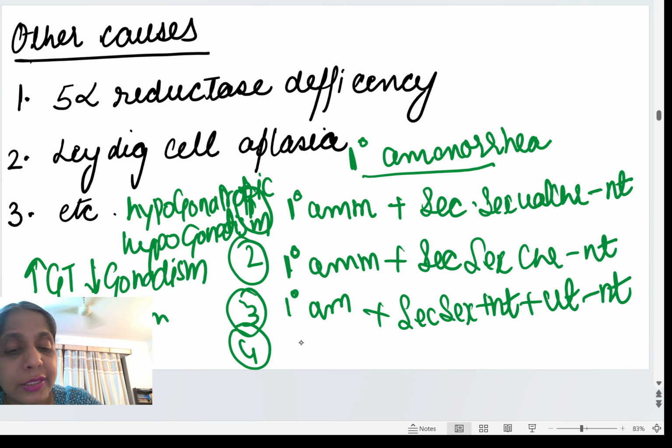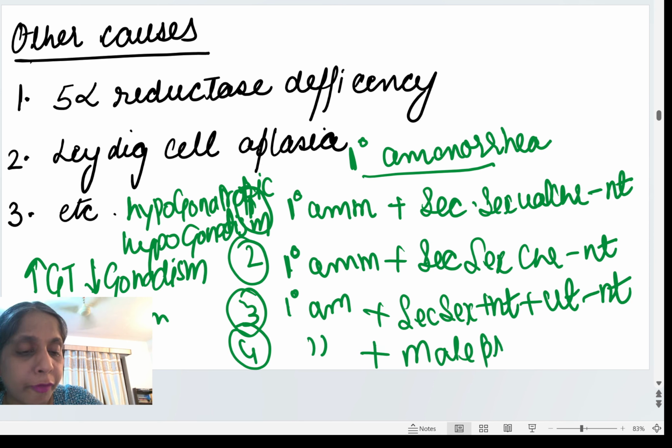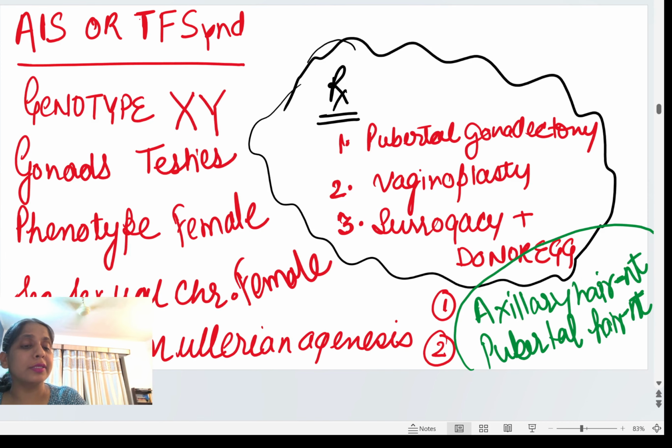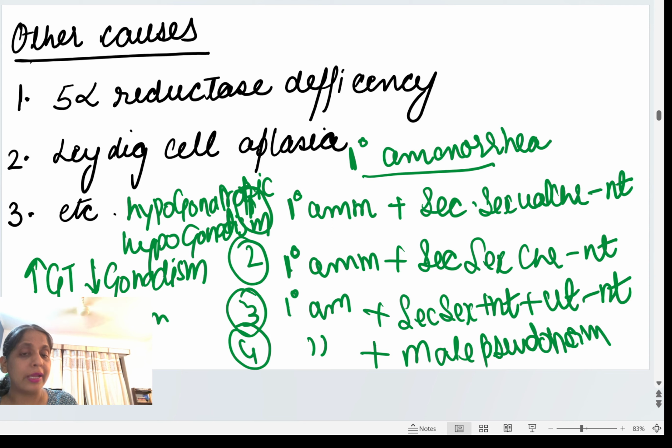The other similar case was a male pseudohermaphrodite, and there we differentiate the third and fourth cases, androgen insensitivity syndrome and Mullerian agenesis, in that the axillary hairs are absent in androgen insensitivity, but present in Mullerian agenesis.